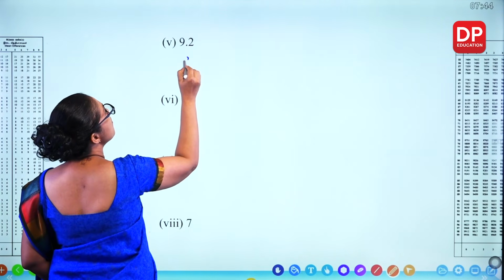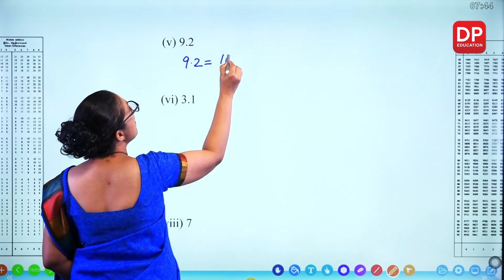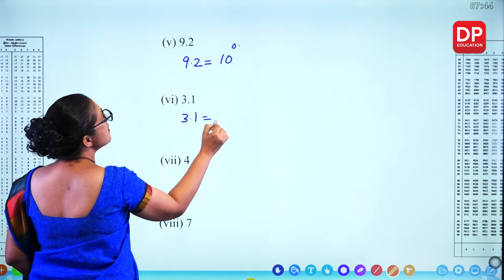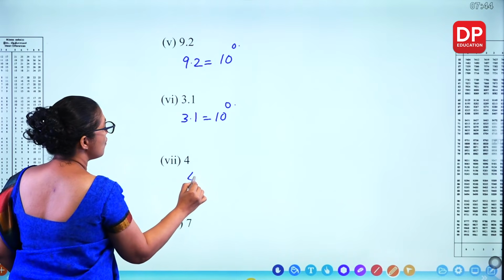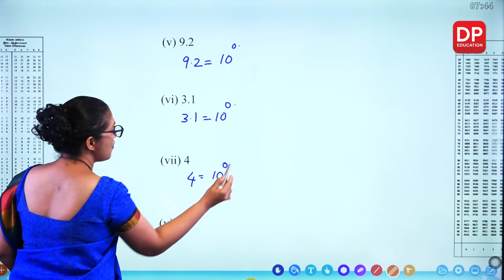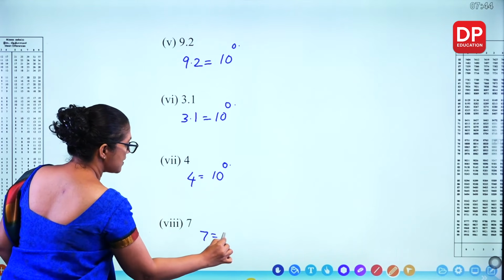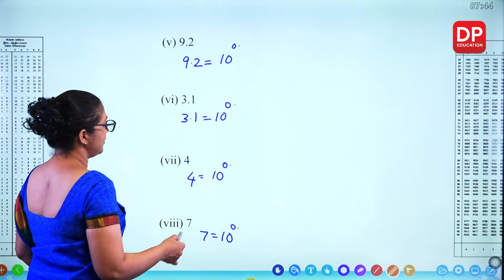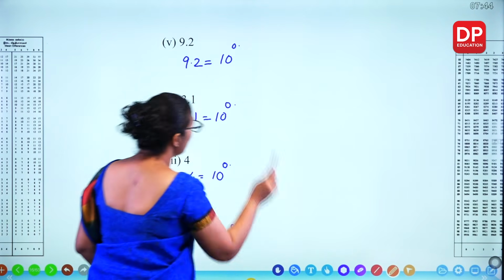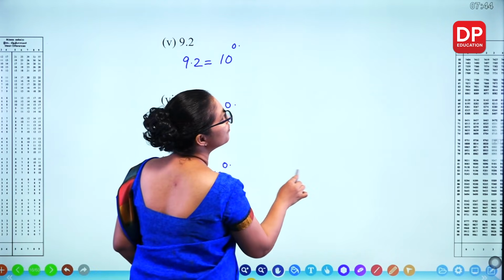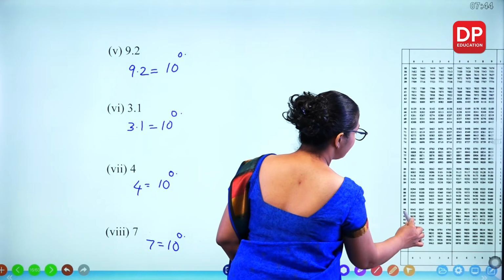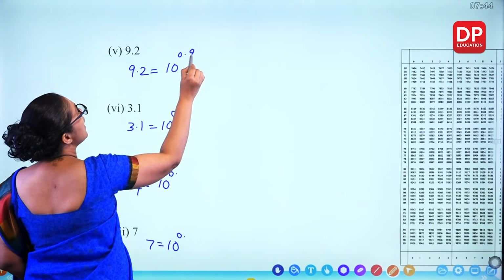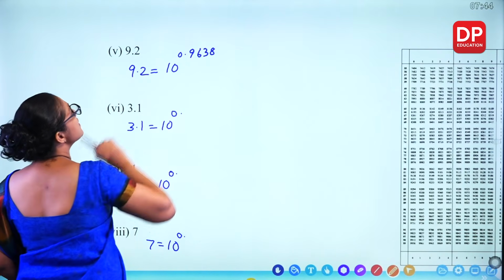So we can write 9.2 is 10 to the power 0 point something. 3.1, 4 and 7 likewise. Here 9.2 means 920, which gives 9638.